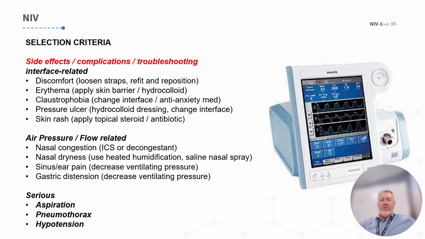So when a patient's on non-invasive ventilation and there's a mask interface that's providing the flow and the pressure, it's not a tube in the trachea. It's not an iGel that covers up the esophagus so that everything goes straight into the trachea. It's just a mask on the face. So all that air, all that oxygen, all that pressure, all that flow, that's going just into the upper airway.